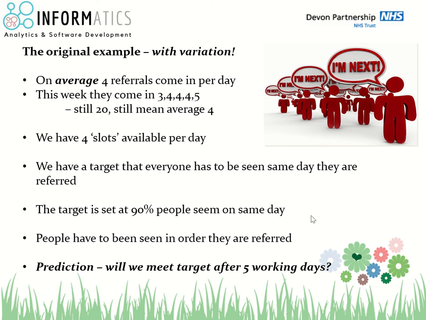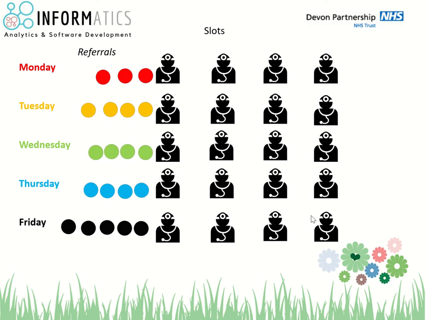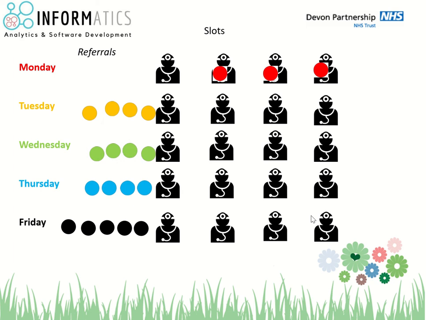Again, just very quickly looking at that with the variation looking the other way. This week we're going to have 3, then 4, and then a 5. So let's have a look at this one. Here's our referrals for the week. Our Monday referral comes in. That referral goes to that slot. That referral goes to that slot. Okay, fair enough. We've got a slot left over. That's fine.